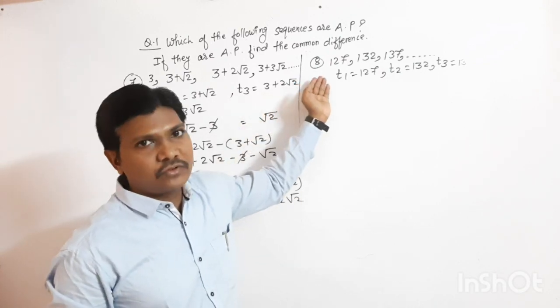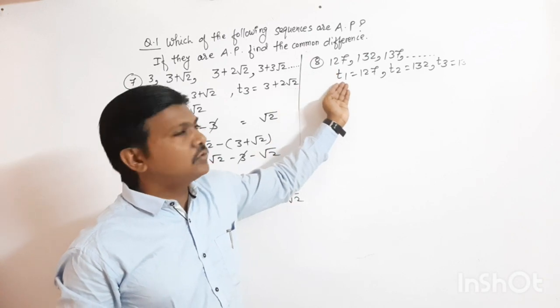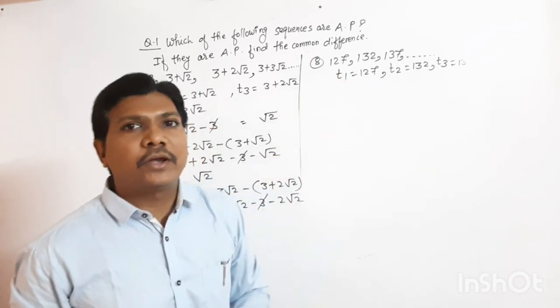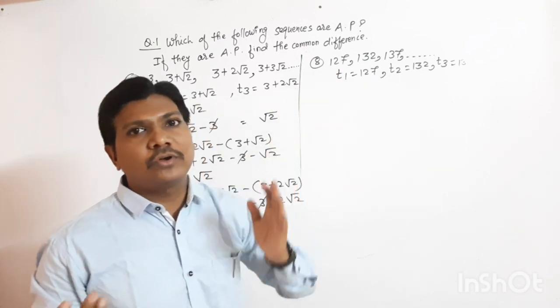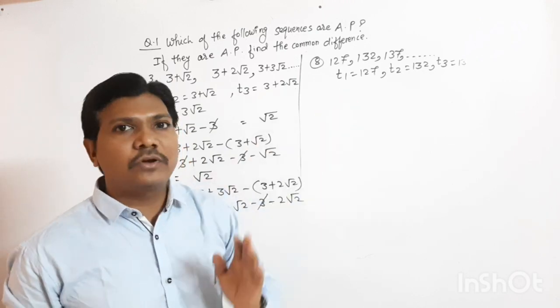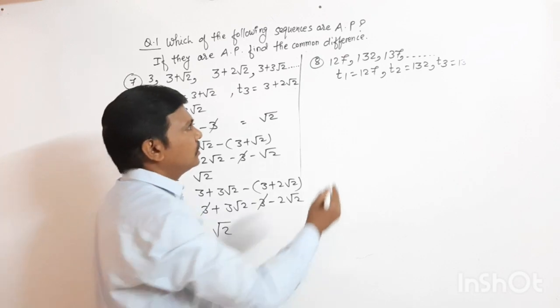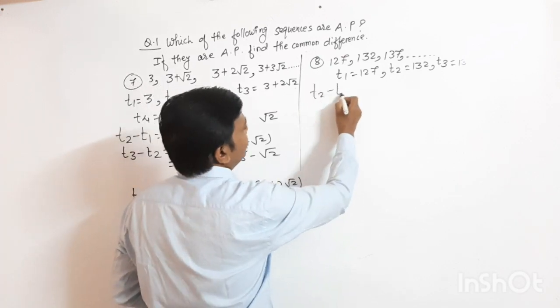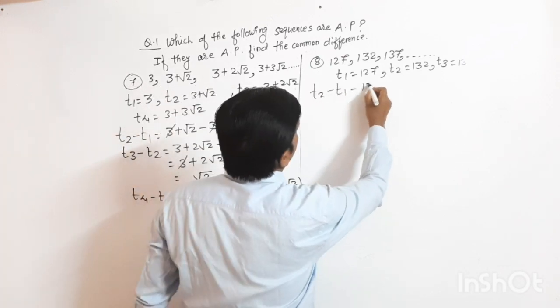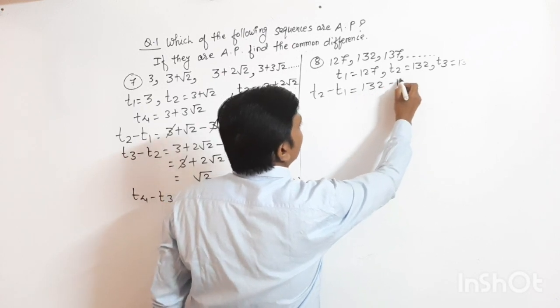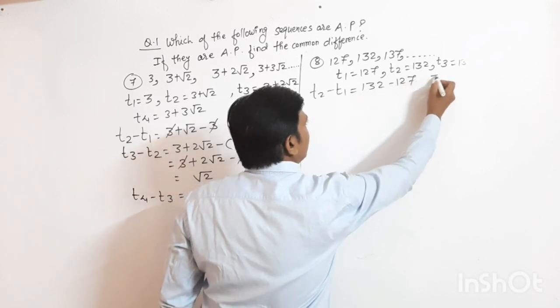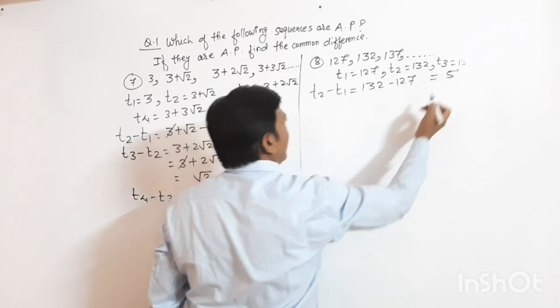Then see the last question, number 8. So here first term T1 is 127. Second term is 132. Third term is 137. So find out the common difference between two consecutive terms. First T2 minus T1, that is 132 minus 127. So its answer is 5.